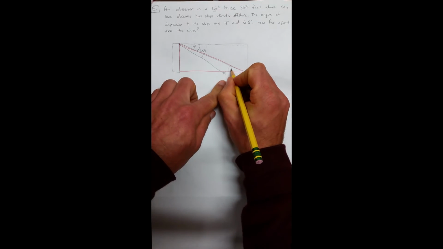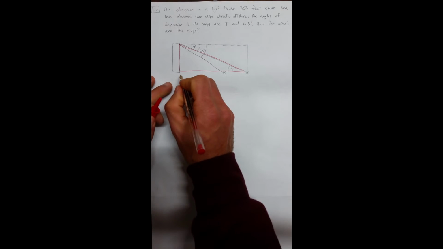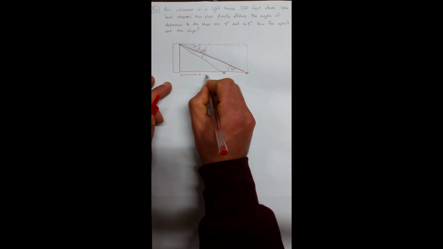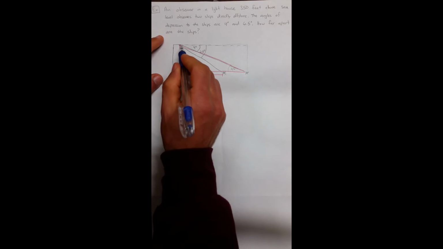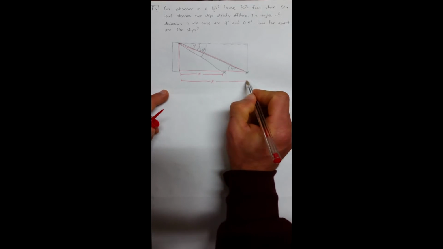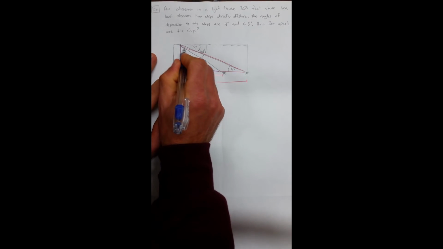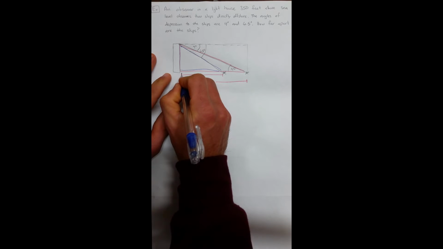And what I would like to do is find this distance, and then my plan is to look at the other right triangle that I have sitting here. Sorry, that would be this distance that I'm looking for here for that red triangle. Now if I look at the smaller triangle right here, now I will look for this distance.